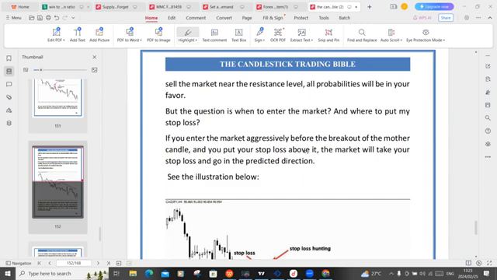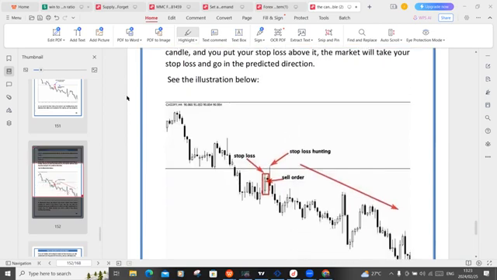Excuse me, let me see if I read this correctly. If you enter the market aggressively before the breakout of the mother candle and you put your stop loss above it, the market will take your stop loss and go in the predicted direction. Okay, that's true. So here we're definitely anticipating sells, right? But the safer sell, I always say safe sells are always after a candlestick has closed, whether at a point of interest or at your preferred zone.